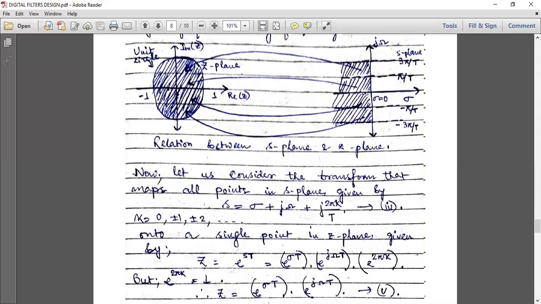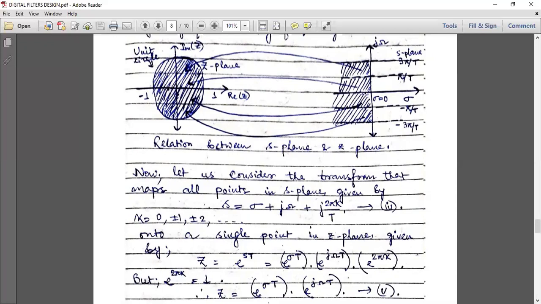Similarly, a point in the left half of the S plane will be characterized by sigma less than 0. The corresponding point on the Z plane has magnitude mod Z less than or equal to 1.